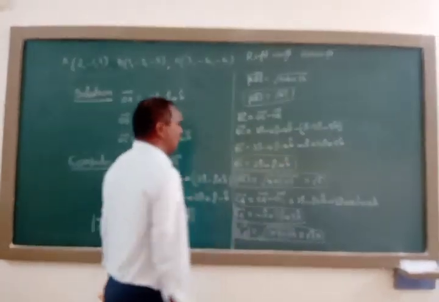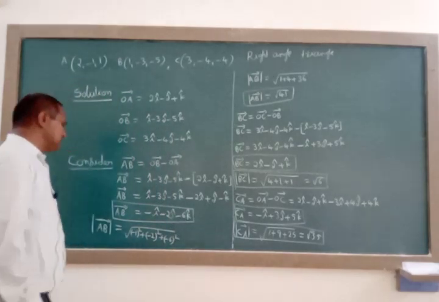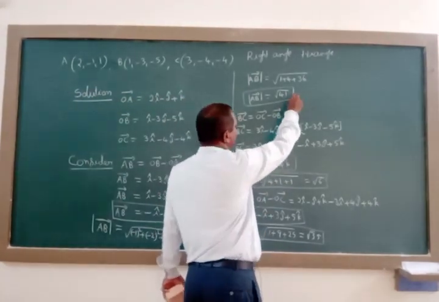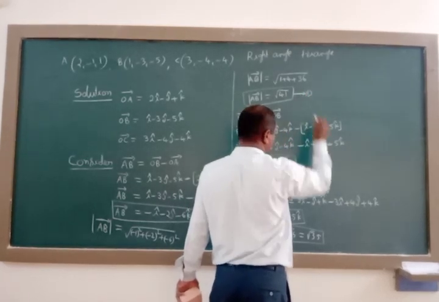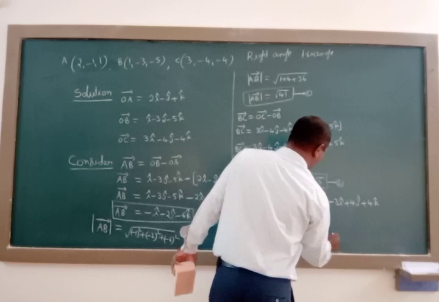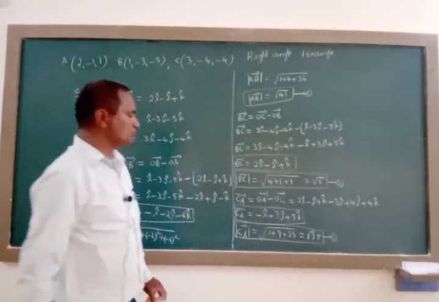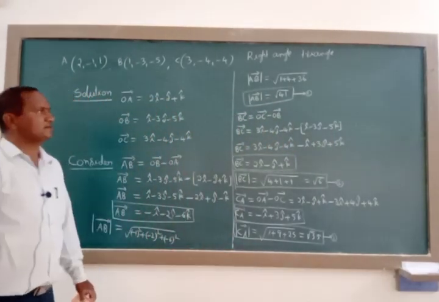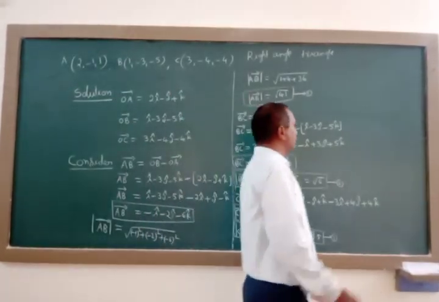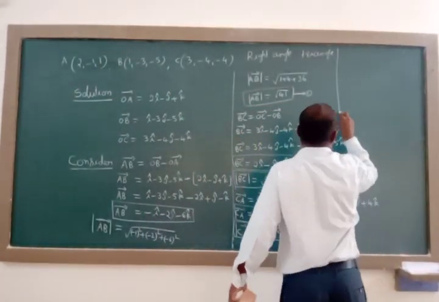Among all these magnitudes of all the three sides, which is the highest? Considering number 1, number 2, number 3, among all the equations 1, 2 and 3, which is the highest side? AB bar is the highest side. That's why it becomes the hypotenuse.